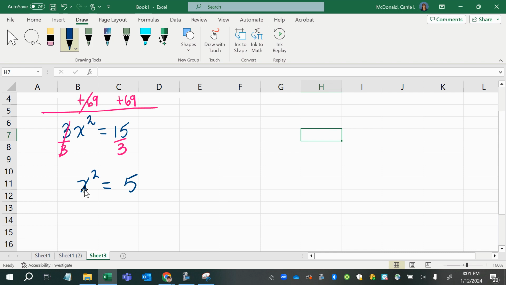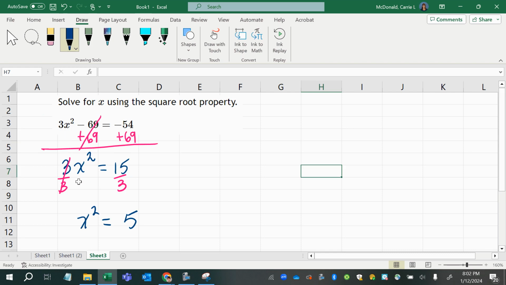Well, it doesn't have to always be only x. It can be a quantity squared that has x in it. But whatever's there has to have the power of 2 on the outside of it. We didn't want the negative 69 over there, because it was not being squared. And 69 is not a perfect square.